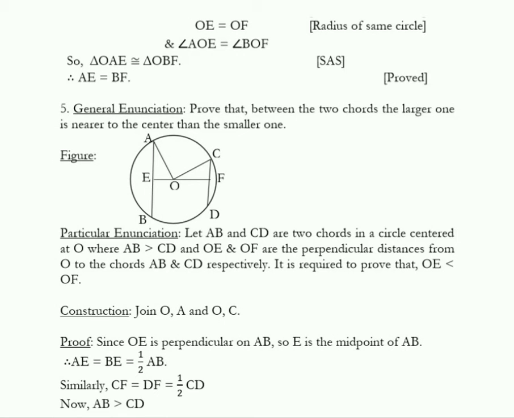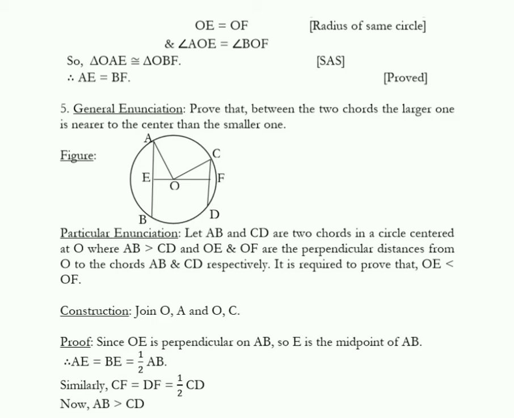actually this is close to our theorems 3 and 4, where we were doing equal chords and equal distance, and this is almost the same. Prove that between two chords, the larger one is nearer to the center than the smaller one.